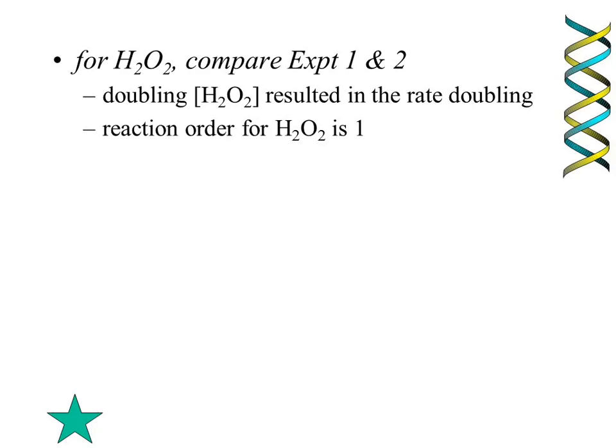Divide that rate, 2.30 times 10 to the negative 6, by 1.15 times 10 to the negative 6, and you get a factor of 2. If you divide this by this, you get a factor of 2.